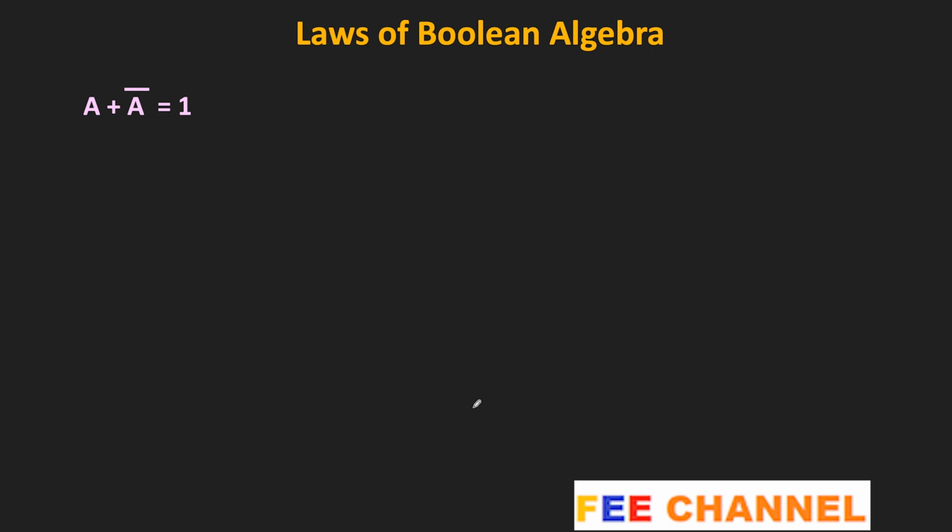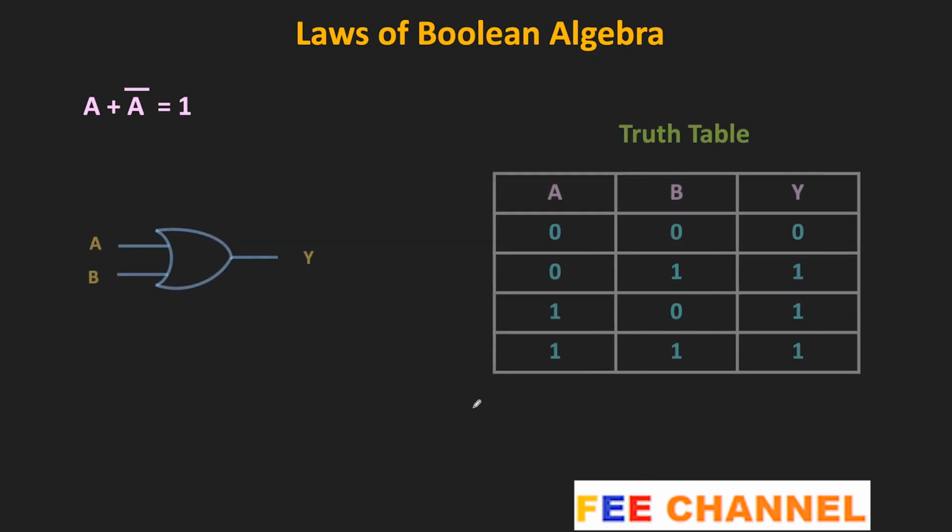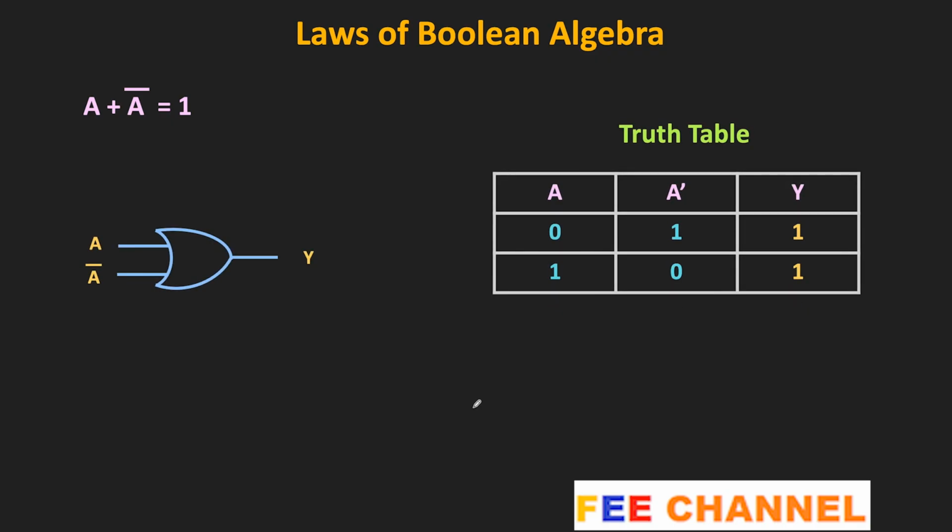Then the next is, A plus A bar is equal to 1. That means the OR operation of A with its complement is equal to 1. So, once again, to prove this expression, let's see the truth table of the two-input OR gate. In this case, the second input is equal to A bar, that is the complement of the input A. For the input A, there are only two possibilities.